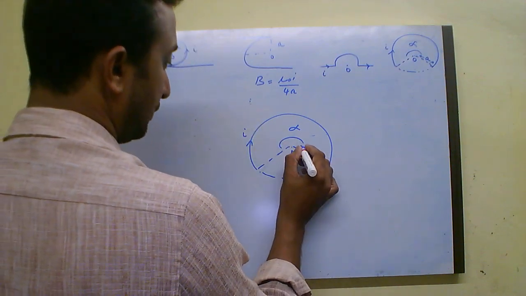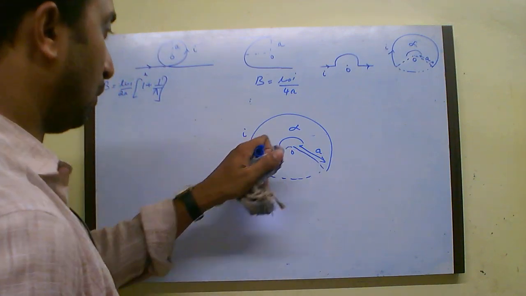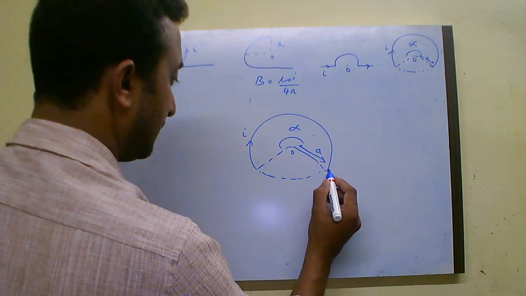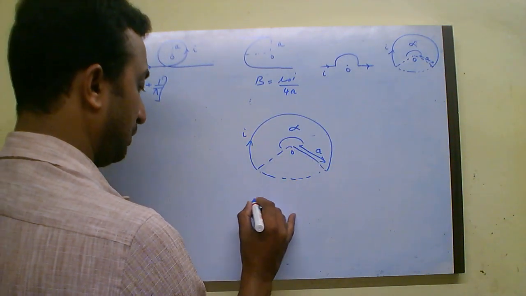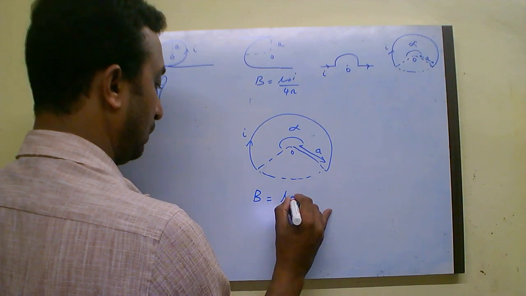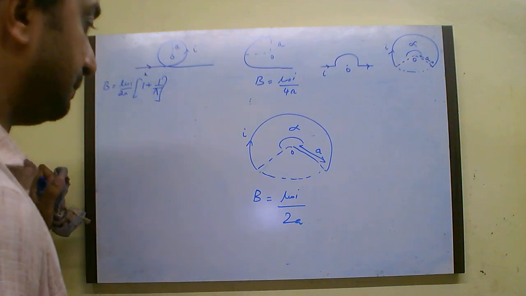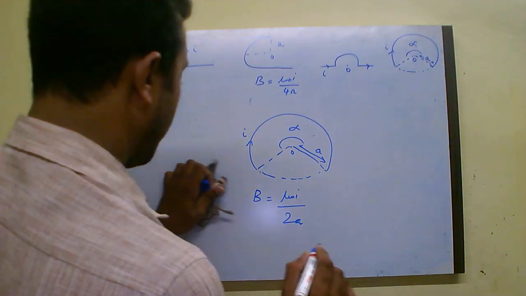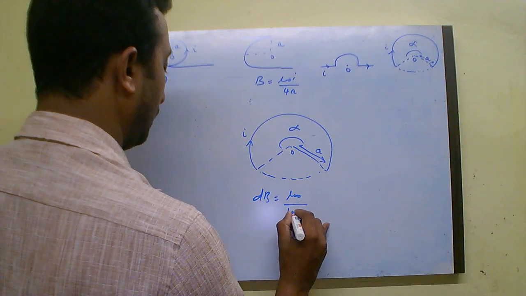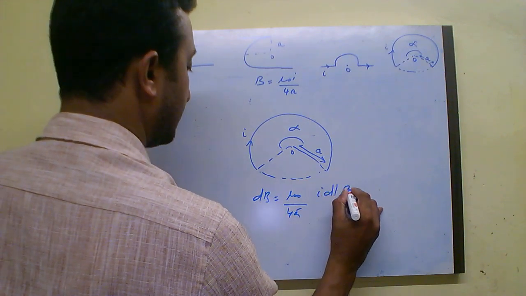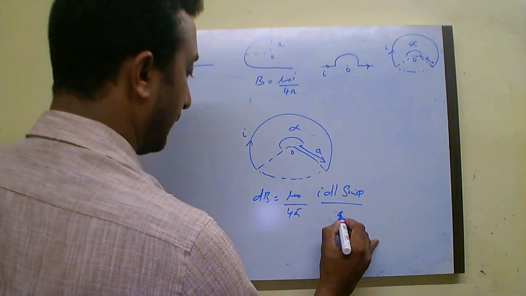The radius of the circle is A. What is the magnetic field at O because of this sector? If you use the Biot-Savart law directly, you can write dB is equal to mu 0 by 4 pi I dl sine theta by r square. Here r is A, so I can write it as A square.